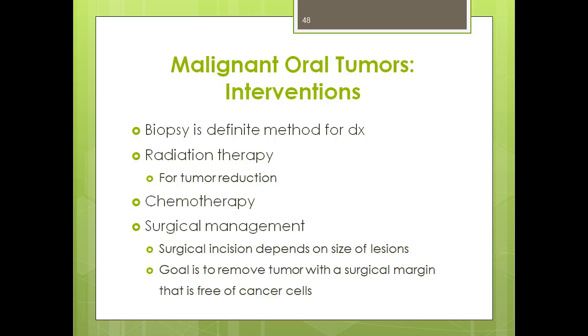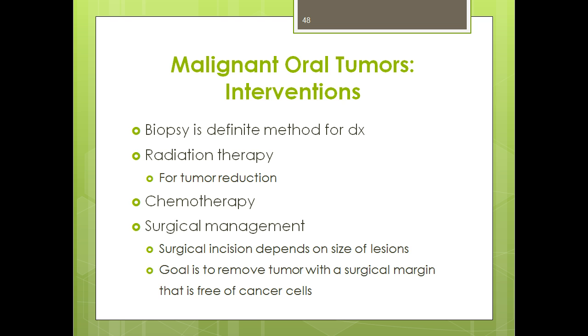For malignant oral tumors, the first thing that of course they'll do is the biopsy. They're doing the biopsy mainly because they want to know for sure; it's a definitive form of diagnosis.